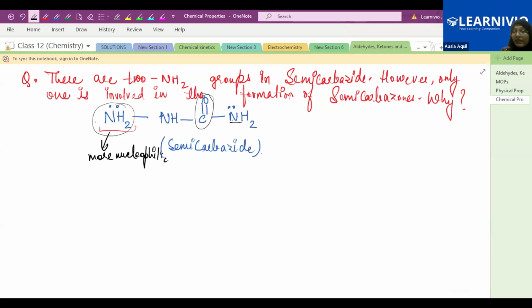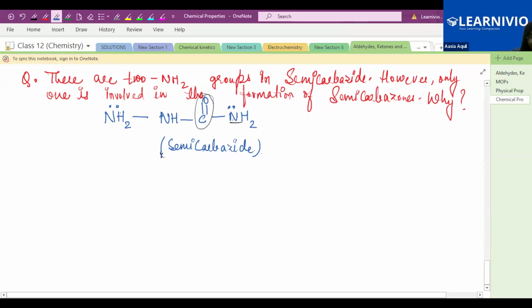So that is the reason. This question can come in the exam, a statement type of question. If you don't know the structure of semicarbazide, how can you explain it? So it is important to remember the structure. You should know NH2, NH, CO, NH2. This is semicarbazide.